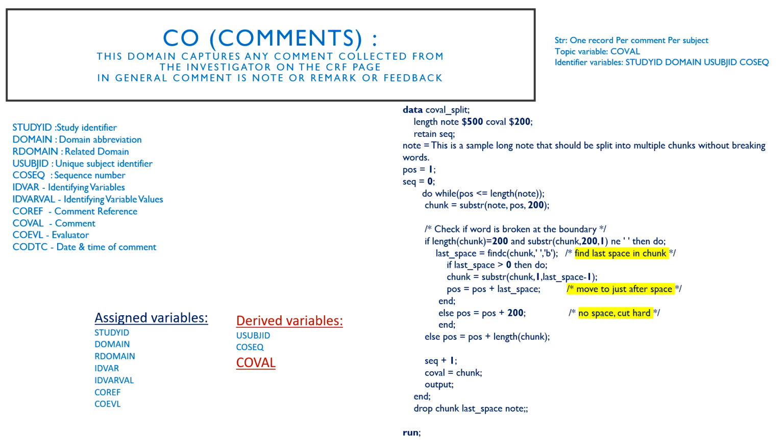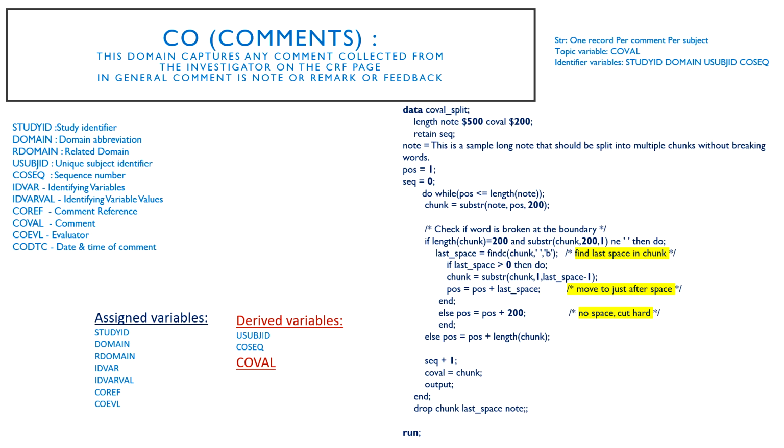Then do while position value is less than or equal to length of note. Now, if the position value is less than or equal to 200, we derive the chunk variable: substr of note from position, that is 1 to 200, we extract into the chunk variable. In case the length of chunk is equal to 200 and substr of chunk 200 comma 1 is not equal to missing, then the last 200th letter is not missing.